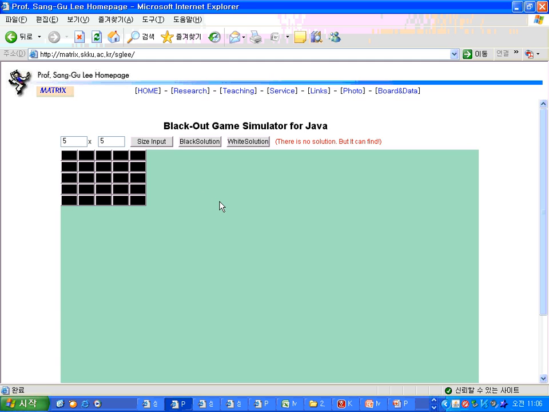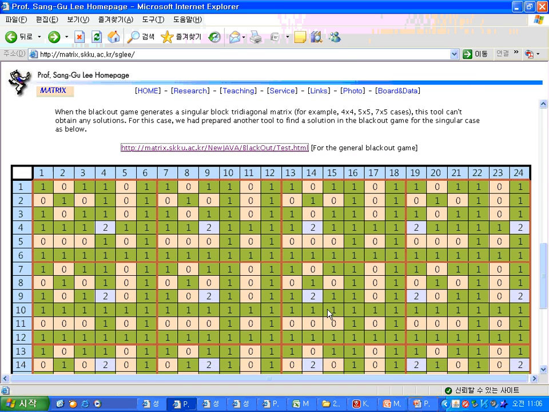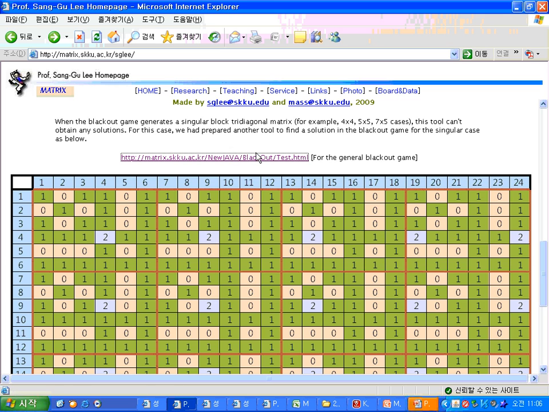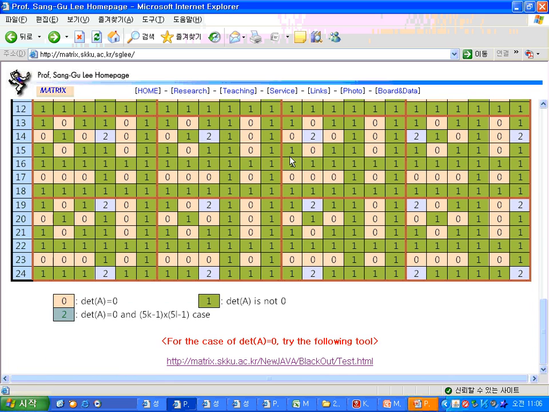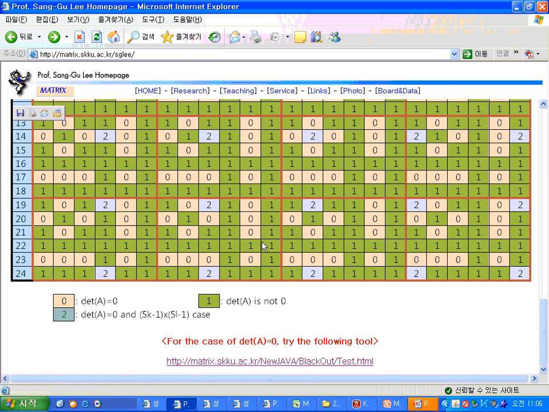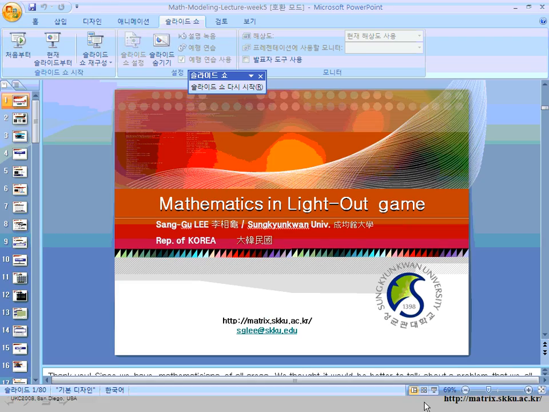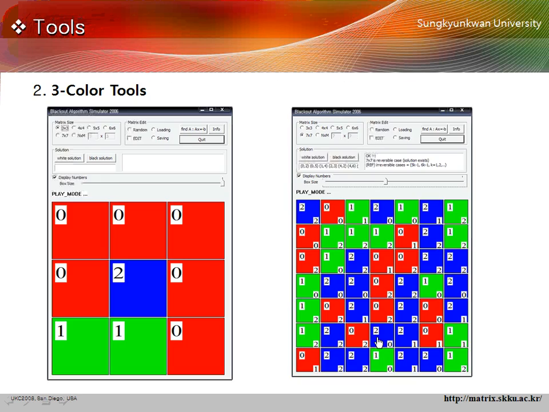So for the singular cases, still we were able to handle them. Okay, so this is the proper way to deal with it. So for the 5x5 case, for the non-singular case and for the singular case, we were able to deal with it.